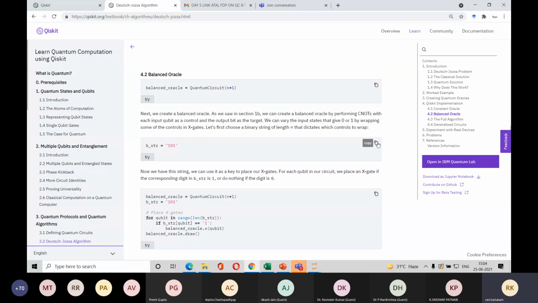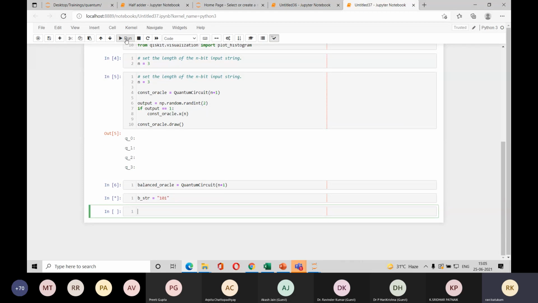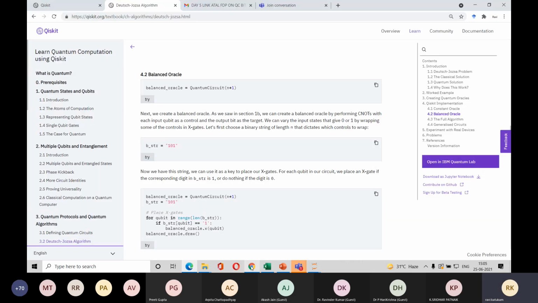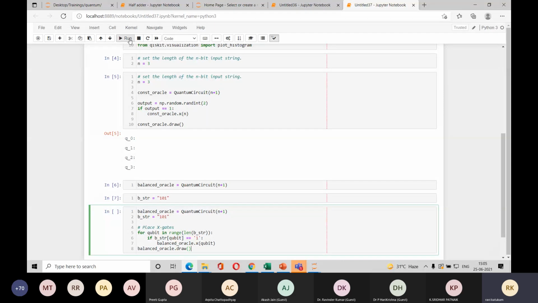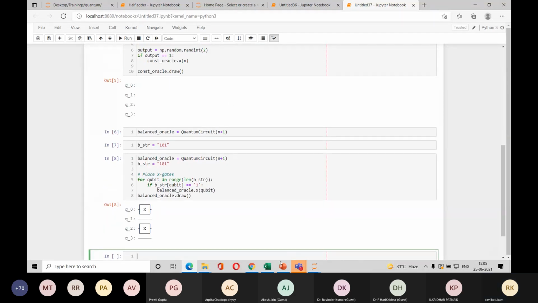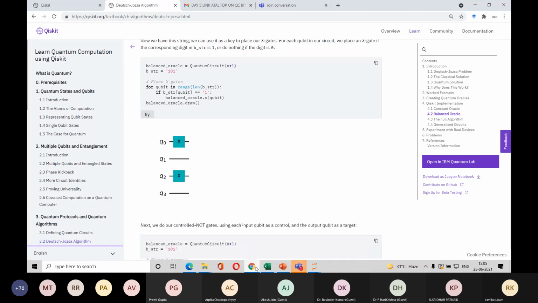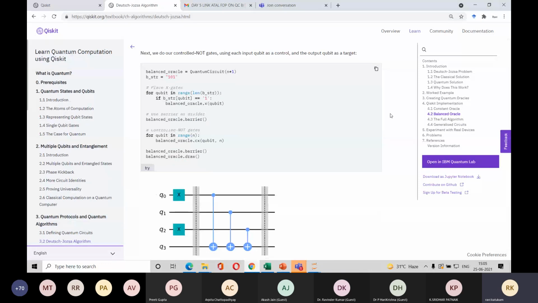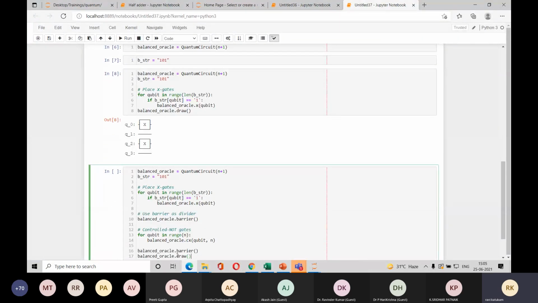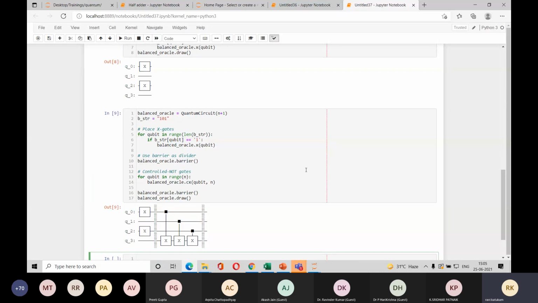And you can take this bit string input. So this entire circuit, it's a larger circuit, and its size increases as per the input qubits.